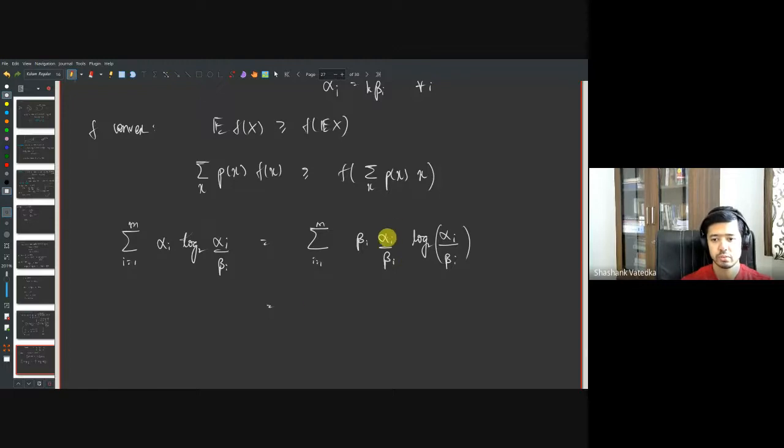So this has this particular form, right? This looks like x log x, which I know is a convex function, but it's not exactly an expectation of x log x. If the beta i's formed a probability mass function, then this would be in the form expectation of x log x.